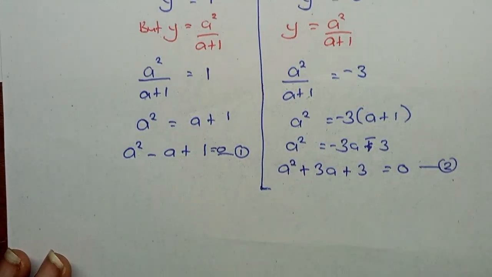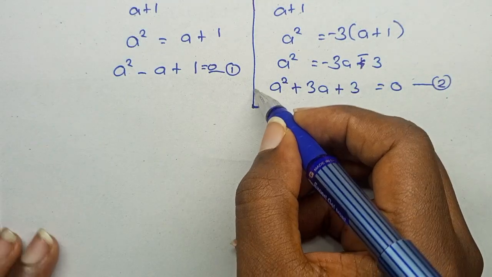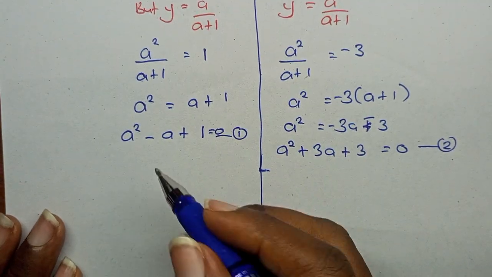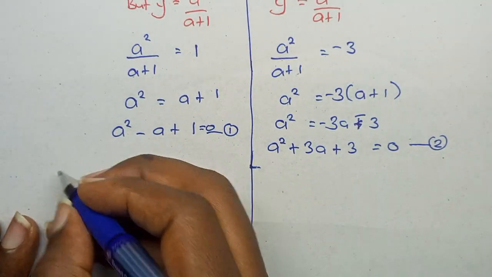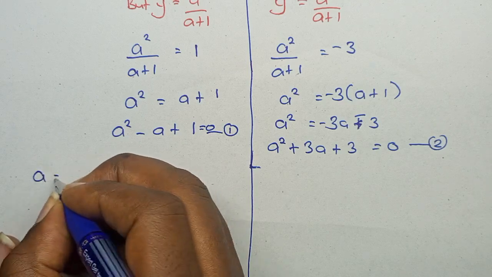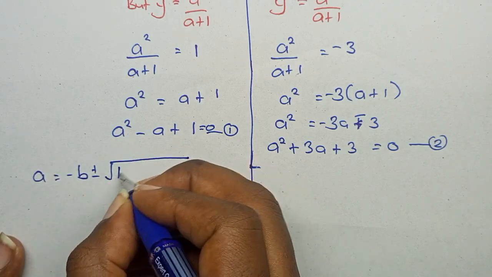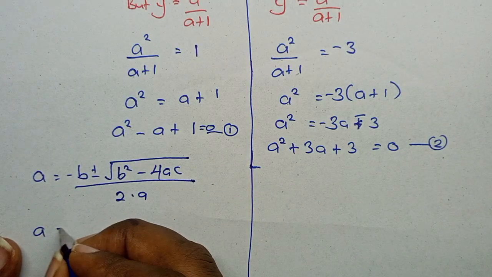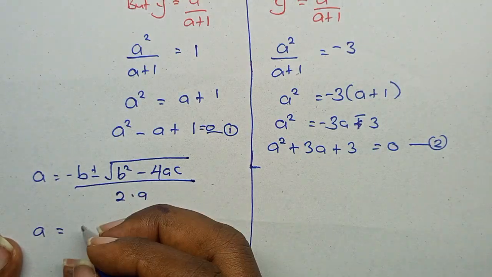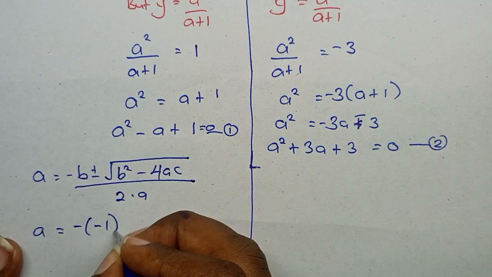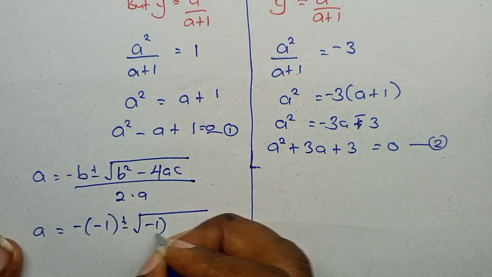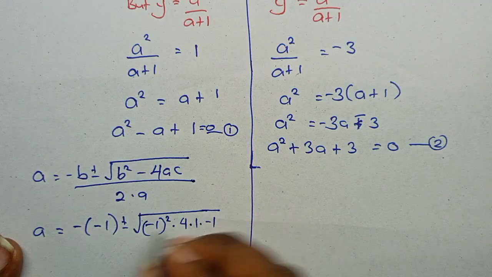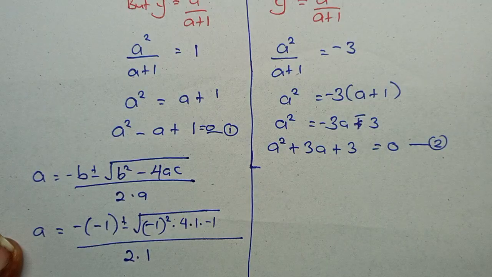So we are going to solve both equations using the quadratic formula. Let us start with this side here. So a, for this case, a is equal to minus b plus or minus root of b squared minus 4ac over 2a. So a is equal to minus negative 1 plus or minus root of negative 1 squared minus 4 times 1 times negative 1 over 2 times 1.